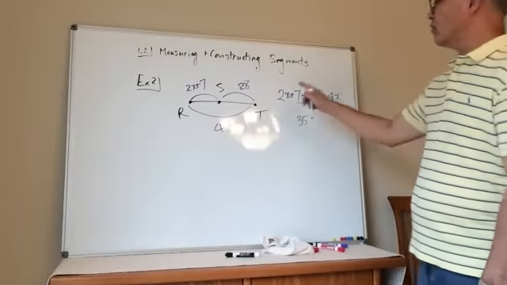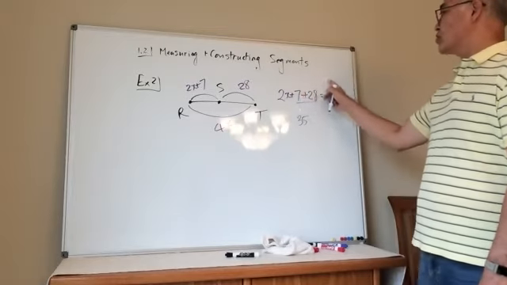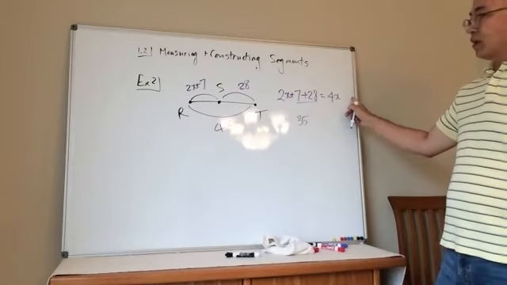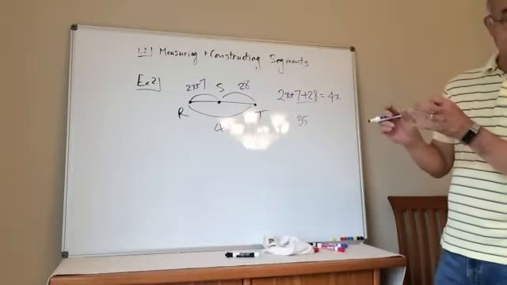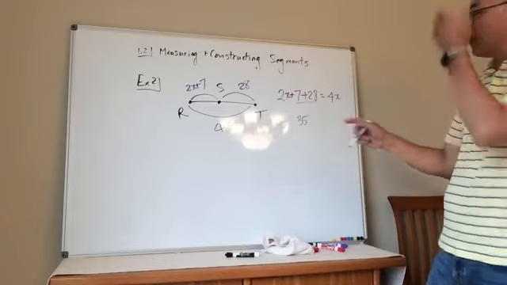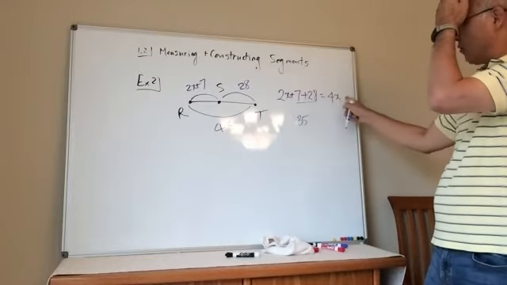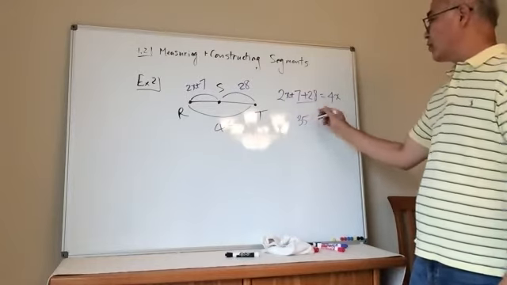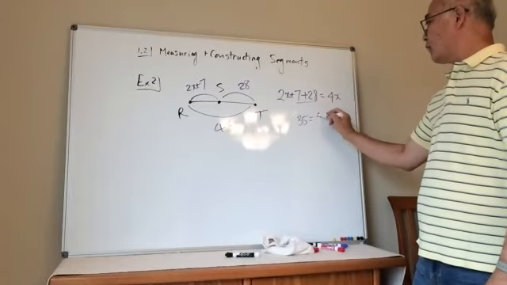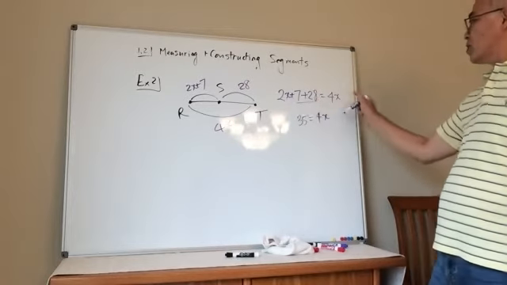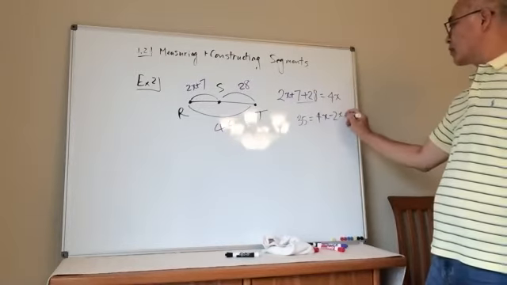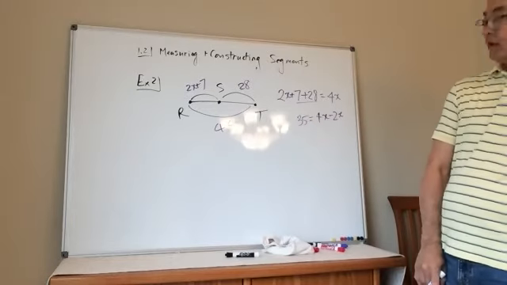So you want to move the 2x over to the side, correct? You want to combine the like terms. If you move this guy over here, you're only going to have the 35. You had 4x. When you move this over, it becomes negative 2x, correct? Okay, so what's next?